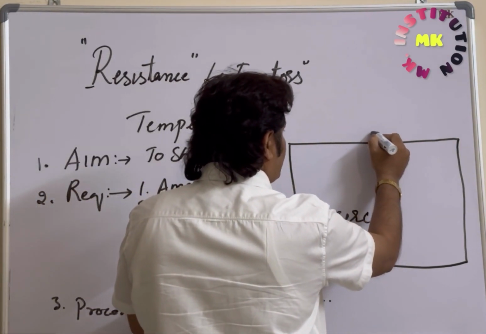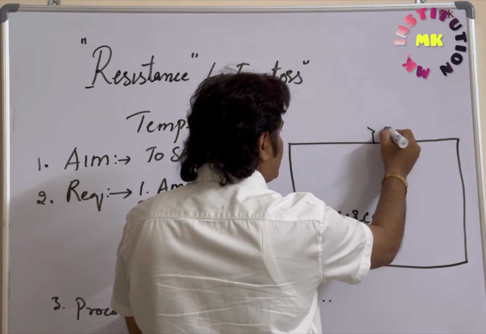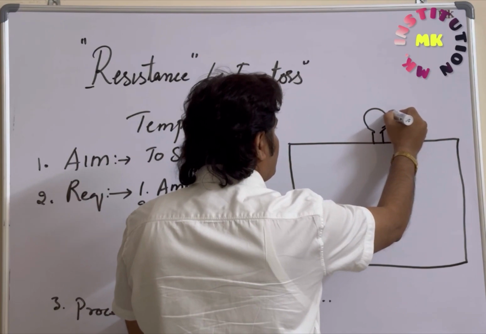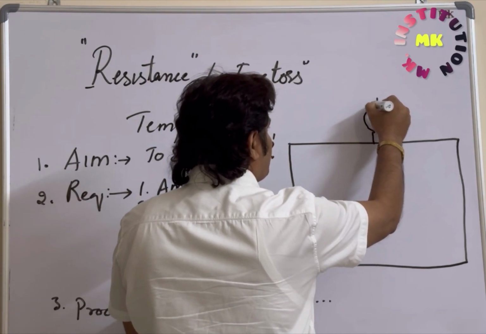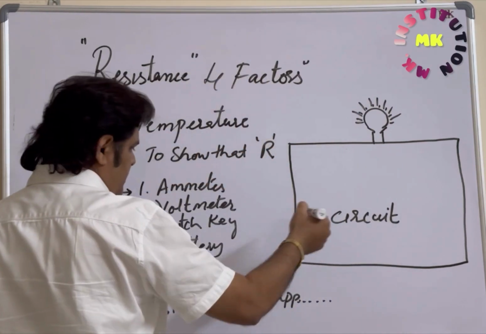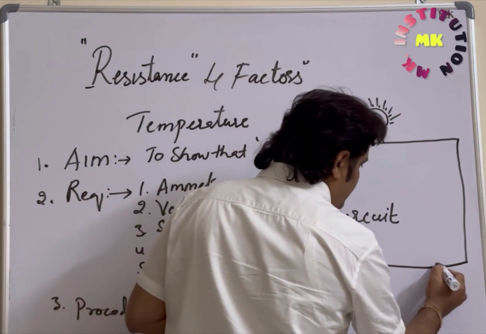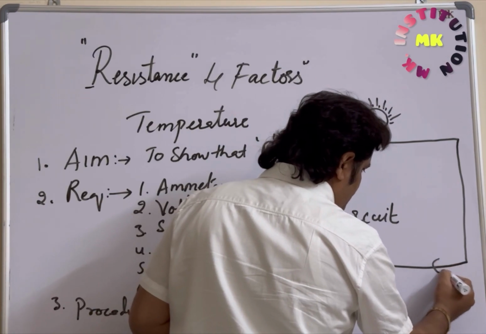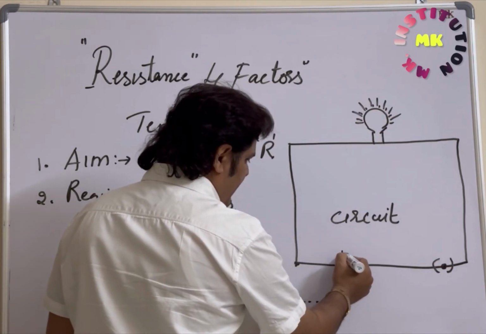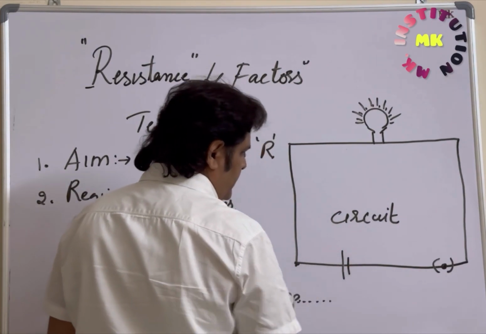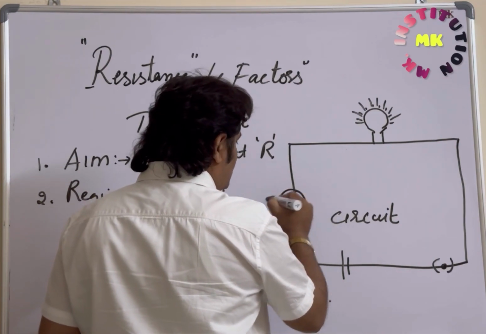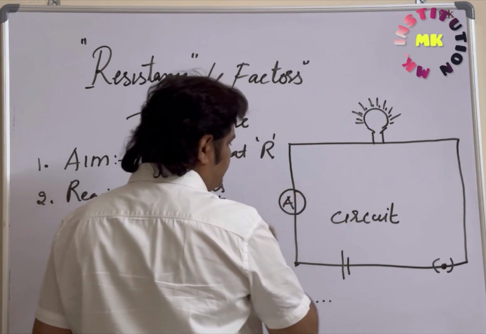What is the first thing we are keeping here? A bulb. We are keeping a bulb in the circuit, and here the switch key. Here we are keeping a battery, and here the instrument that is the ammeter.